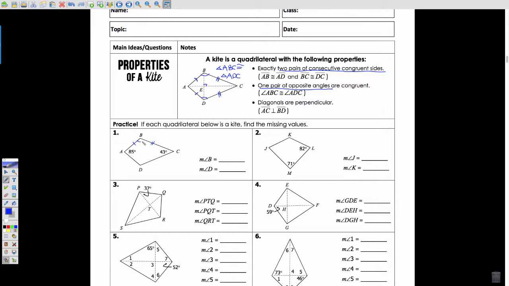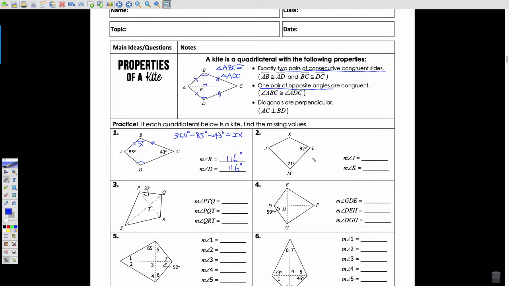Therefore, I know that B and D are congruent. If B and D are congruent, quadrilateral interior angles add up to 360. So I just need to use 360, subtract 85 from it, subtract 83, and if I call this x, I should have 2x. So my final solution for x is 116 degrees.